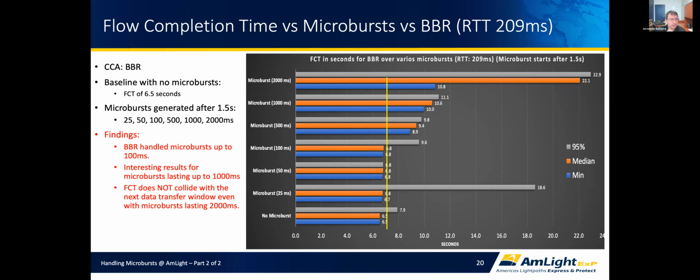So it shows that BBR handles microbursts in a much better way. Those results are much better than if we compare with HTCP. And the impressive part is that BBR handles all the way to 100 milliseconds with no headache here. It's pretty much a 200 milliseconds difference.